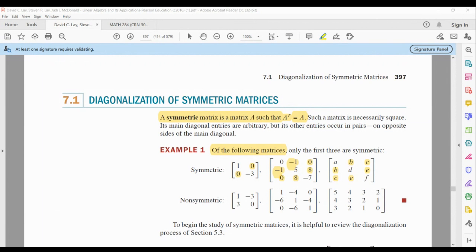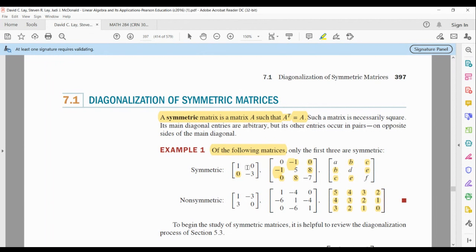Are there any questions? Let me ask you this: for the non-symmetric matrix, the third one, this third matrix here, why is that not symmetric?